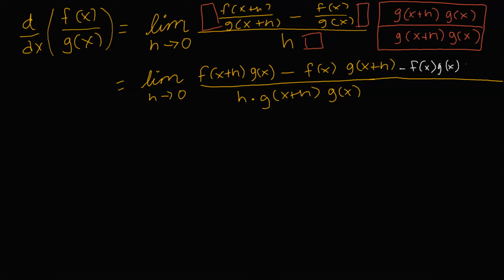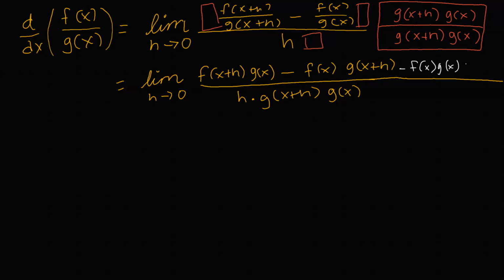I'm going to go ahead and add f of x, g of x, right into it. So subtraction and addition of the same thing, that is 0. So I am really adding 0 to the numerator. Okay? And so what I'm going to do next is group them and factor.